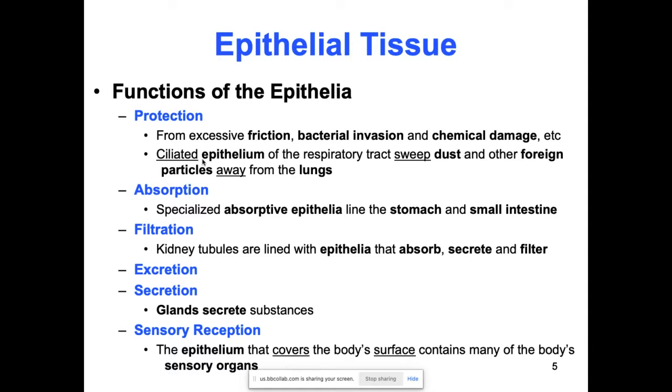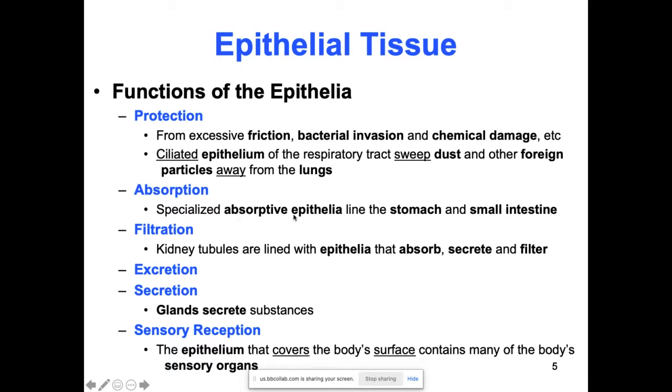So we have these goblet cells that produce mucus, and that mucus sticks to the cilia. And as foreign particles are inhaled, they stick to the sticky substance located on the cilia, and get trapped there. So it doesn't make it down deeper into the lungs. And when that happens, you just cough, right? And it gets it up and out.